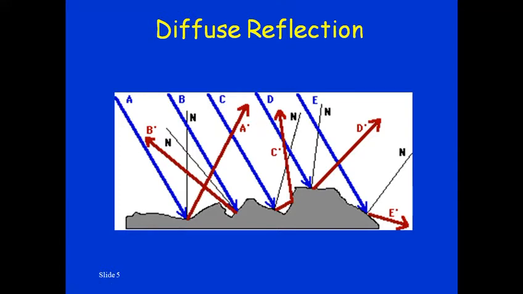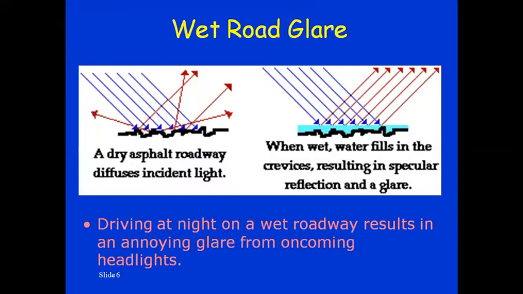We will discuss more about this slide after some discussion. There is a wet road glare. A dry asphalt roadway diffuses incident light. If the road is rough, the light falling on it will not make a glare in our eyes.